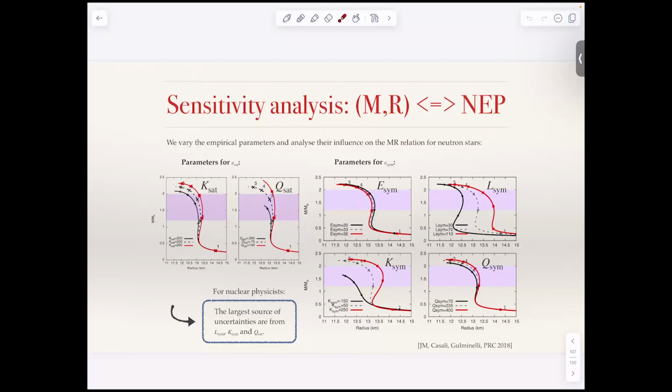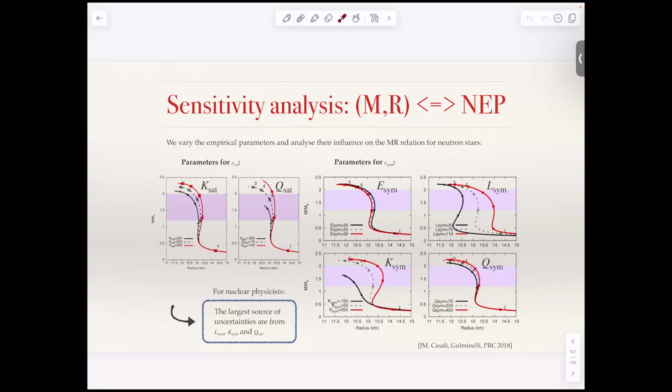So here, at half solar mass, you are at saturation density. If you go to twice saturation density, you are reaching one solar mass. Okay, so in a way, with your nucleonic model, you need to be sure that the extrapolation from finite nuclei at saturation density towards twice saturation density is well under control.